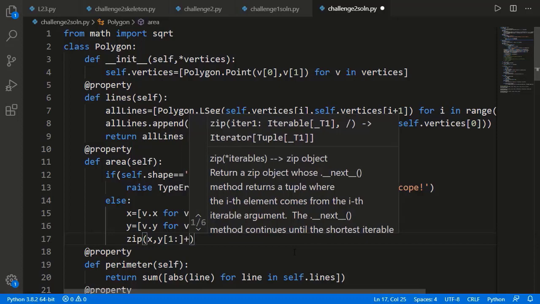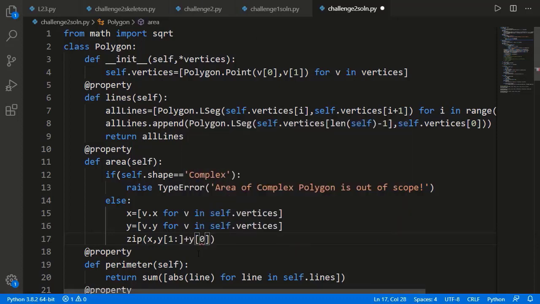Then should be the first value of the y list placed at the end of the list. For that we can use y of 0, but we should convert it to a list for concatenation. Or else we can use list slicing as from start till index 1, and that index 1 is not included in slicing. So essentially it will be just the first value at index 0 and in the form of a list. Now we can apply multiplication and the sum.